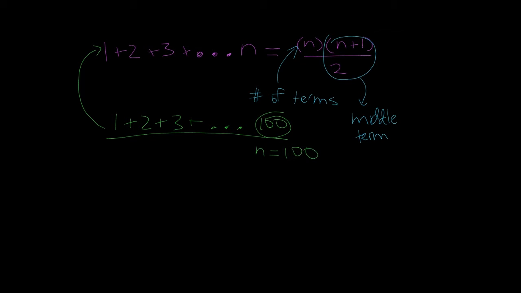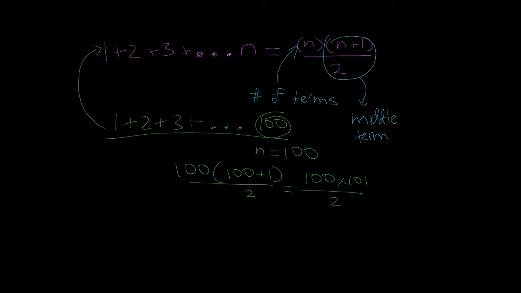It's important to identify what n is. Once we figure out what n is, we can just use the formula. So it's going to be 100, that's n, times 100 plus 1, divided by 2. So that's going to be 100 times 101 divided by 2.